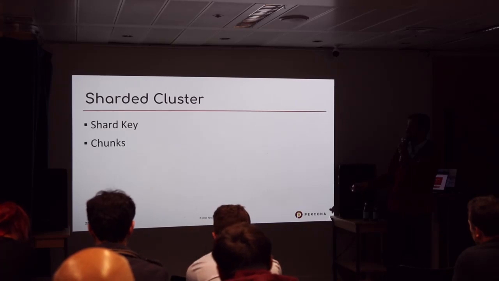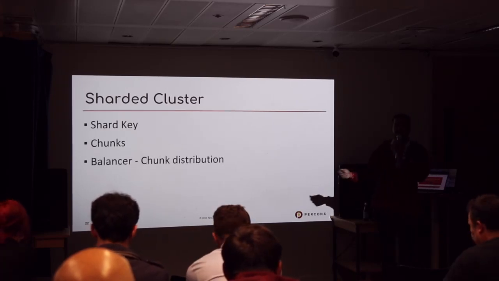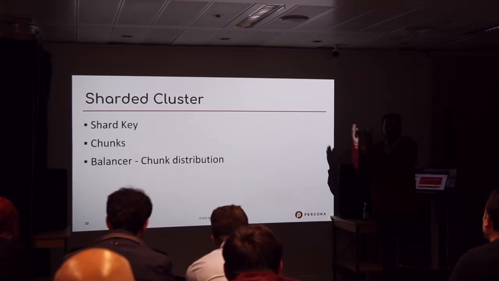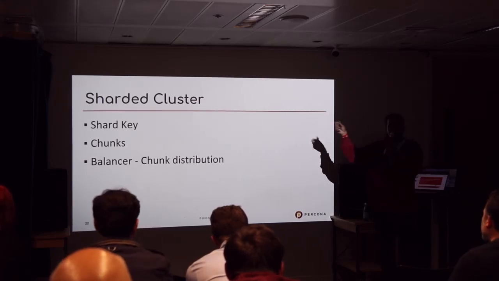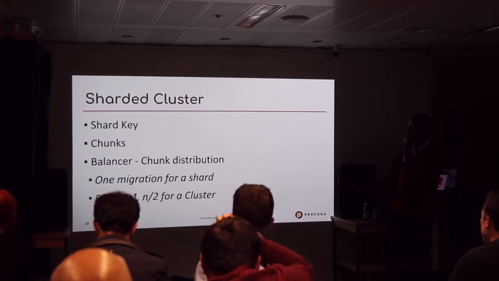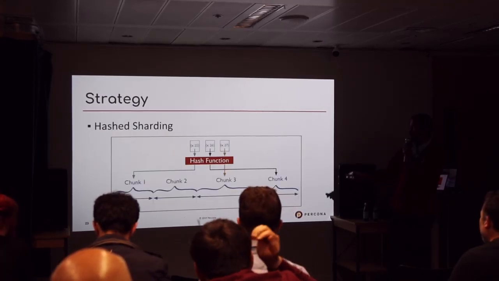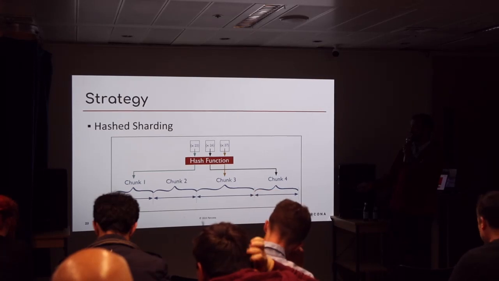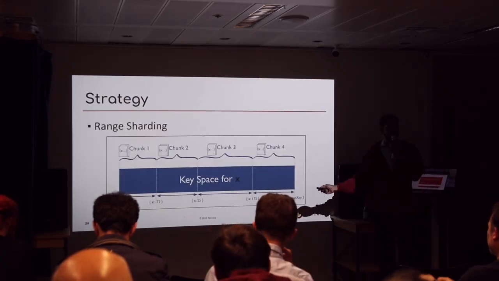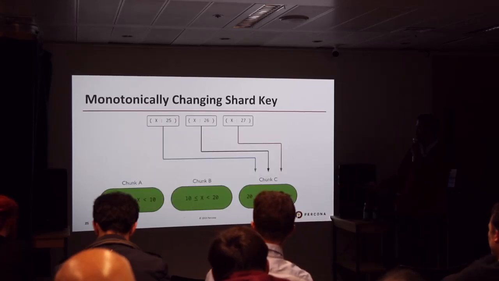So for multiple documents, first they get grouped into chunks of data, and those chunks get distributed across the shards. We have seen that. You can do this with hash sharding or range sharding. Based on these, you can shard your cluster.